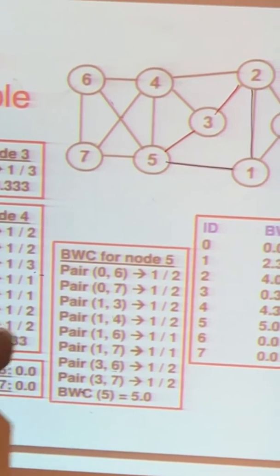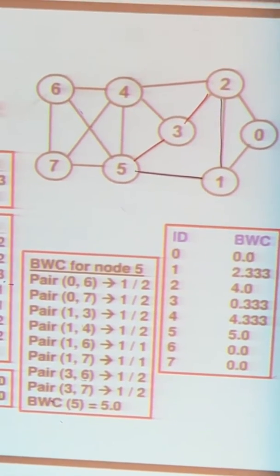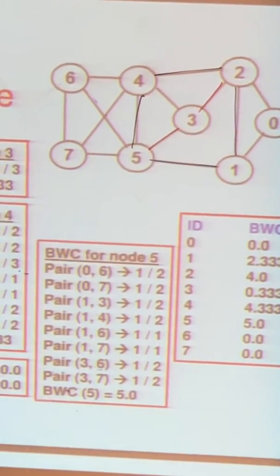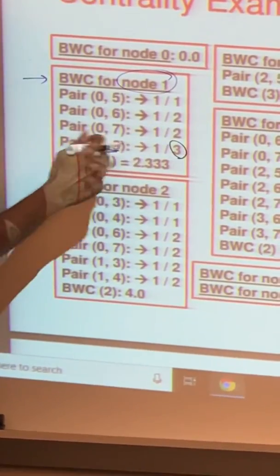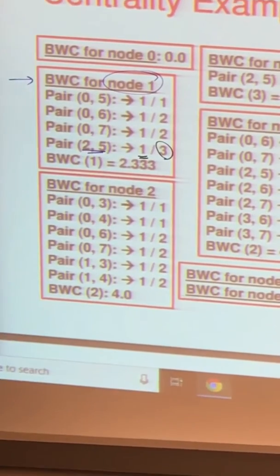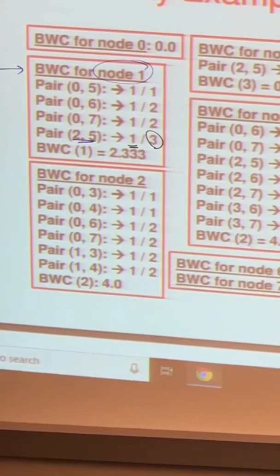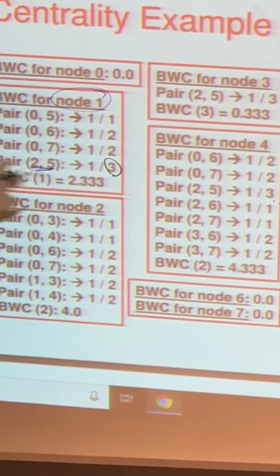So there are three shortest paths between 2 and 5, and how many of those three go through our vertex 1? This path, 2, 1, 5. So there are 3 shortest paths between 2 and 5, and only one of them goes through vertex 1. If 2 of them went through vertex 1, it would be 2 over 3. Okay? So you find such fractions and add up those fractions.